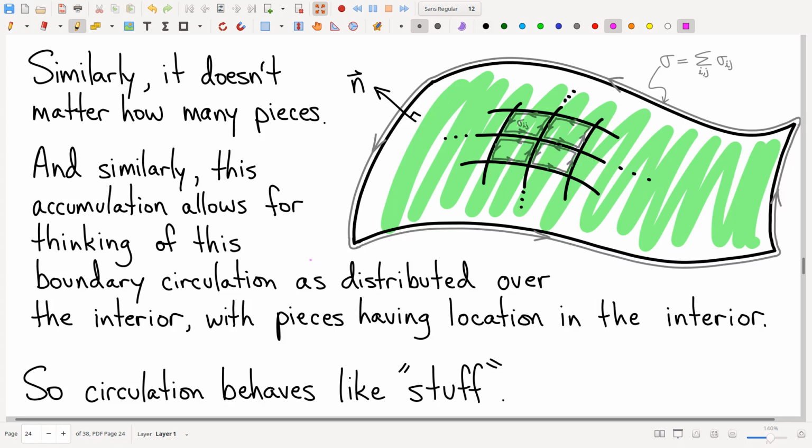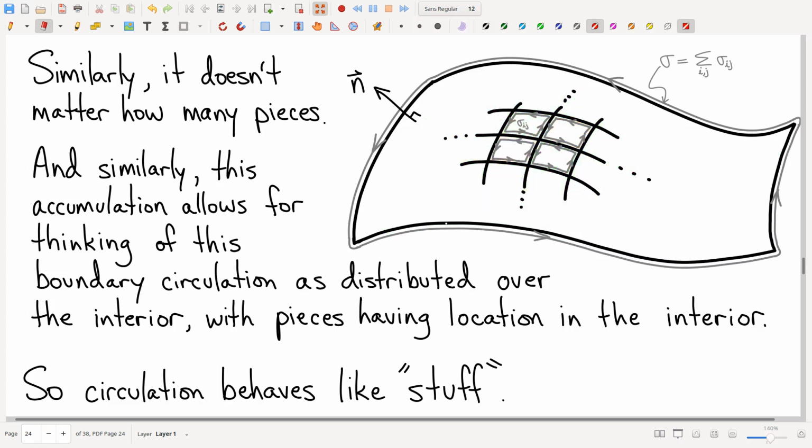And so like any other accumulating quantity, the quantity on the whole surface is the sum of whatever that quantity is for that piece of surface, plus whatever it is for that piece of surface, plus whatever it is for that piece of surface, etc. Think of it as happening in the interior, even though you're measuring it on the boundary, and we've seen several, I hope, persuasive examples of where that really makes sense in other settings.